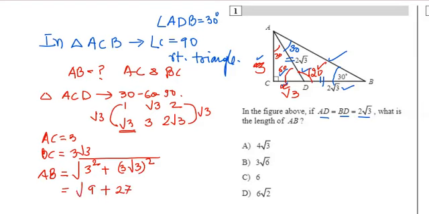So root of 27 plus 9, that is root of 36. So AB finally is the square root of 36, which is 6. So option C is the correct answer.